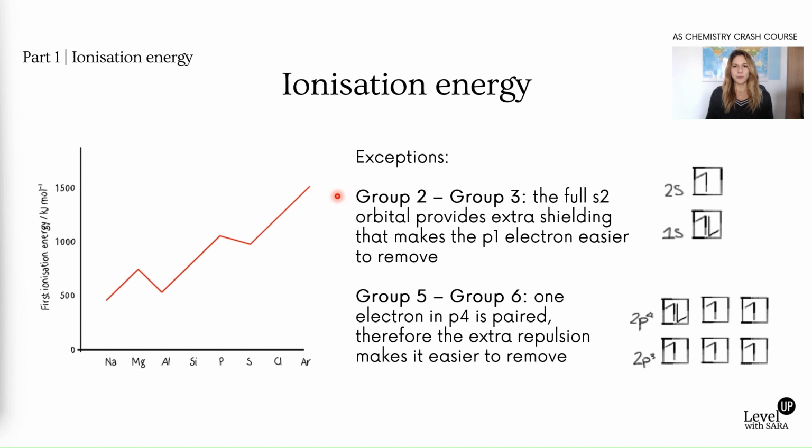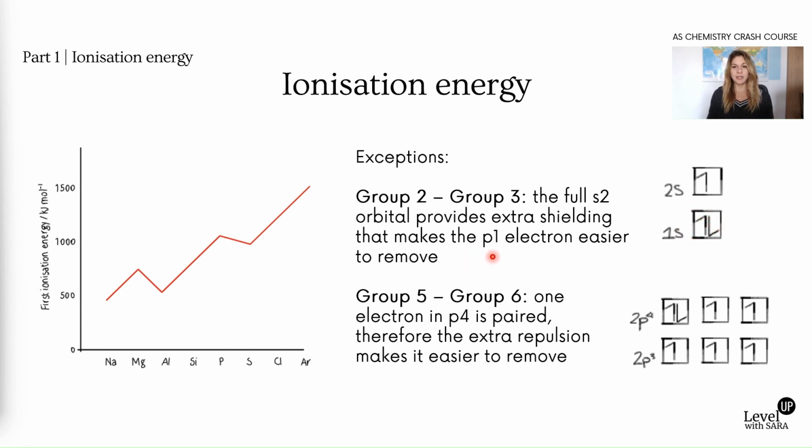From group 2 to group 3 is because the full 2s orbital provides extra shielding, and this makes the p1 electron easier to remove.